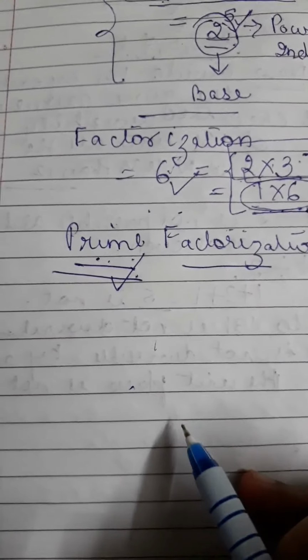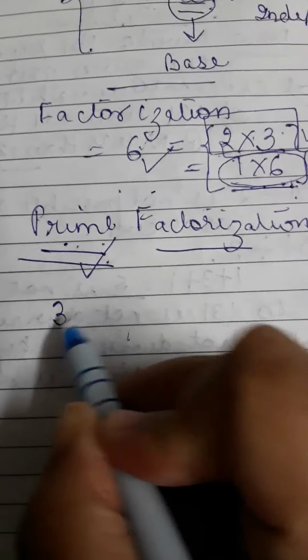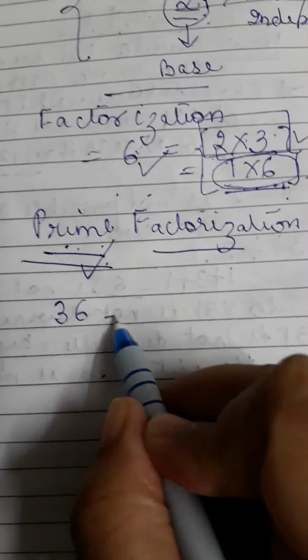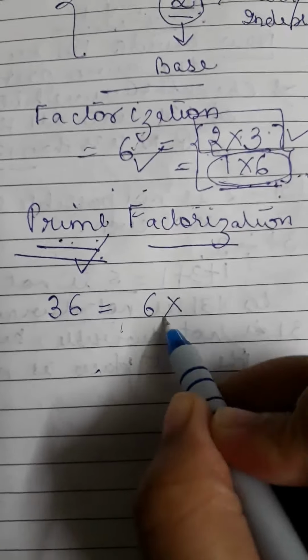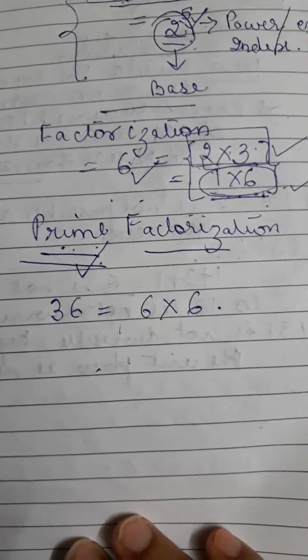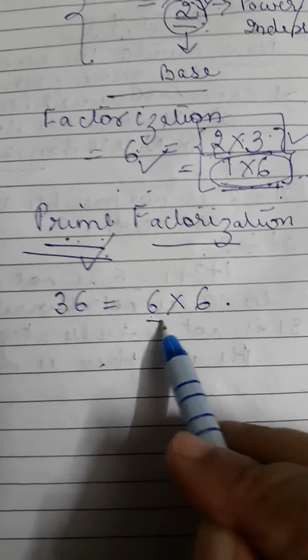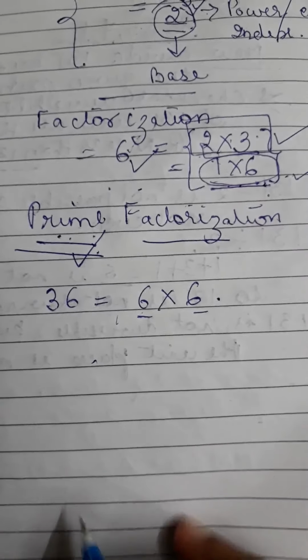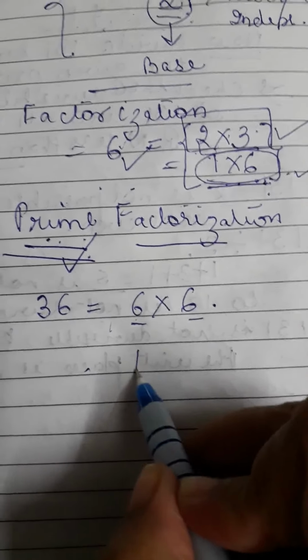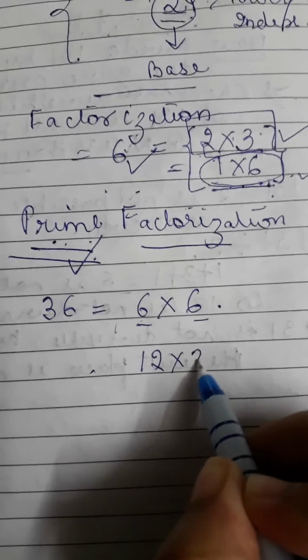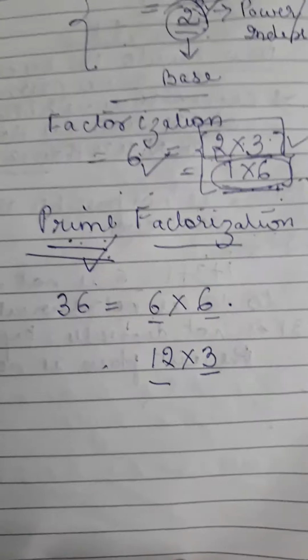Now let's take another example, say 36. First I'll simply write 6 into 6 is 36. But 6 is not a prime number. This 6 is also not a prime number. The other way is 12 3s are 36. This 3 is prime but 12 is not prime.